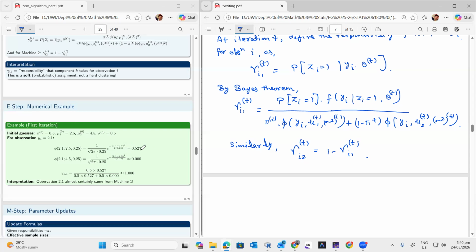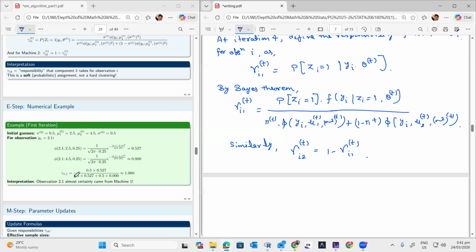That will come as 0.527. After this, we compute 1 upon root 2 pi into 0.25 into e raised to the power minus 2.1 minus 4.5 whole square divided by 2 into 0.25. That approximates to 0.